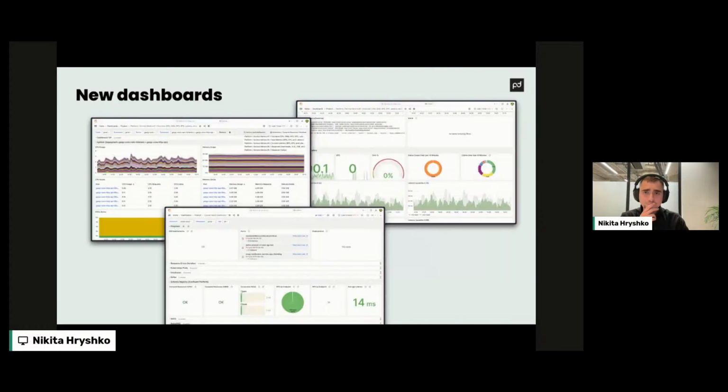And also, we provided a bunch of dashboards for our engineers. Our dashboards right now cover all aspects of our services out of the box, providing quite a full understanding of what is going on with a particular service or with the whole system.